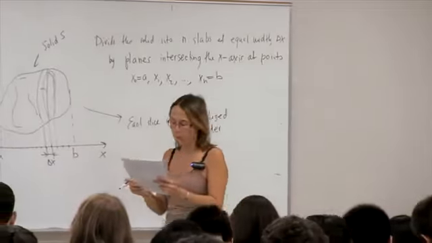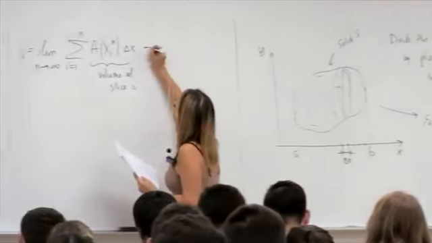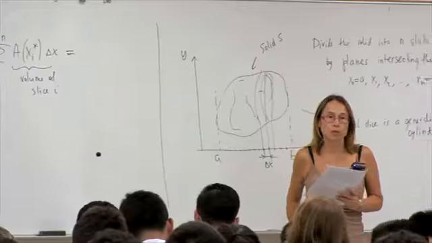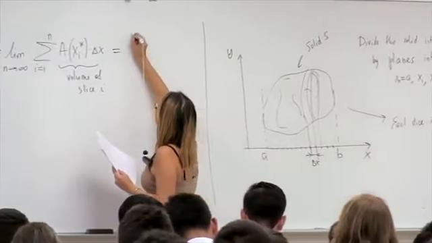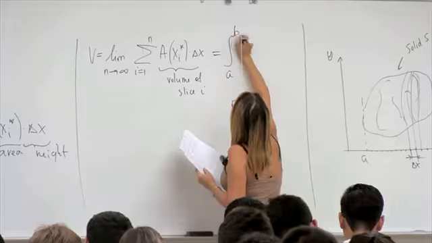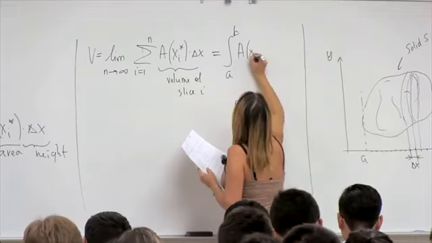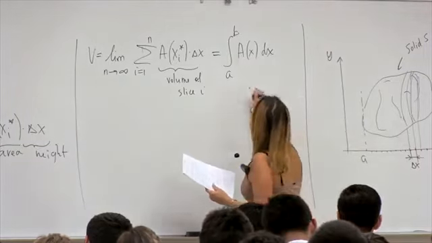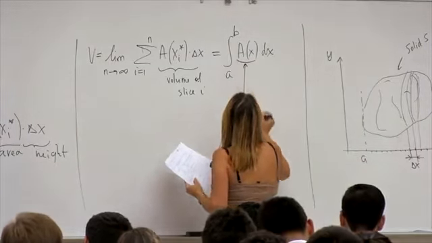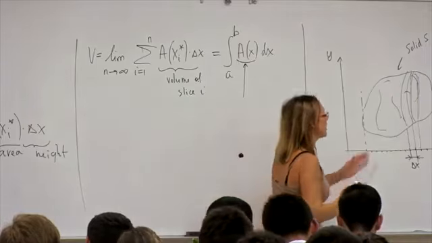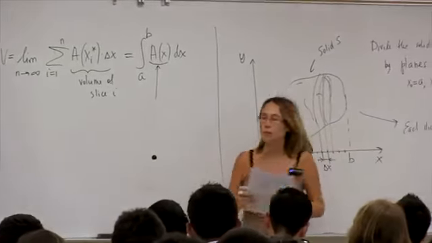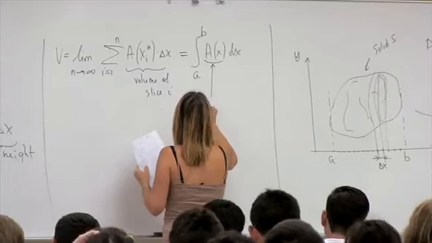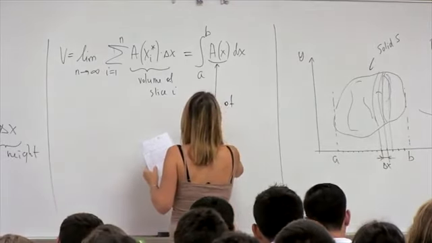And of course, this limit of the Riemann sum can be denoted by an integral, an integral from a to b of A of x dx. So A of x is a function of x which tells me the area of each cross-section. And I will give you an example to show how to calculate it. So this is the area of cross-sections.